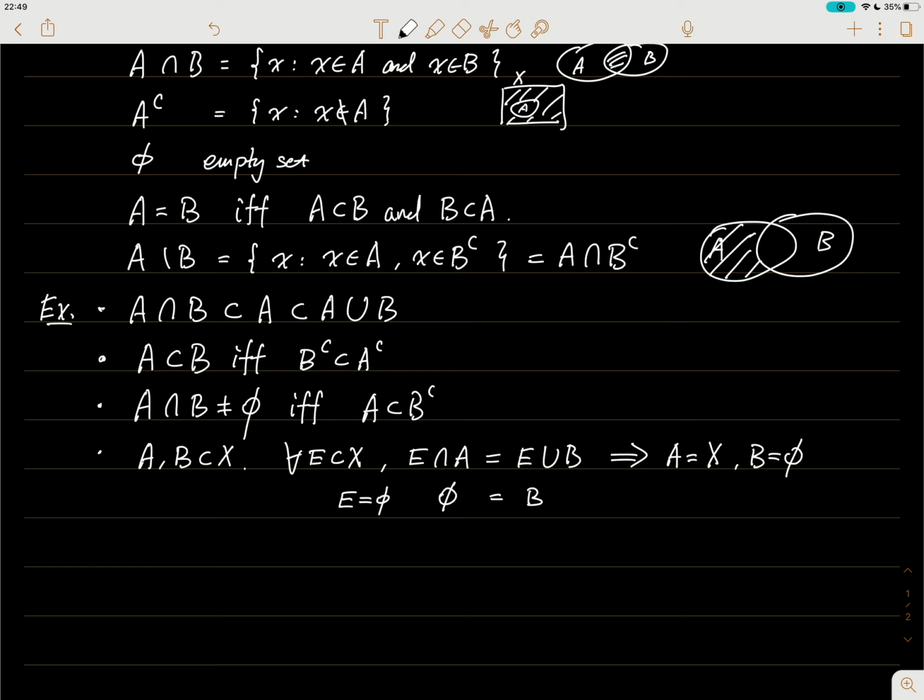And similarly, if you set E to X, then on the left hand side the intersection of X and A will be just A itself. And the union of X and B will be just X, right? Because X is the largest set. So that gives us that A is equal to X. Okay, so you can prove that easily this way.